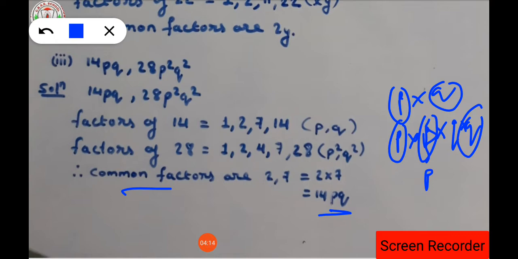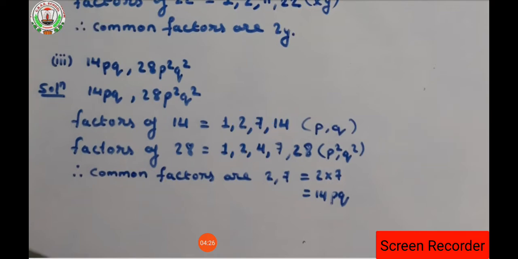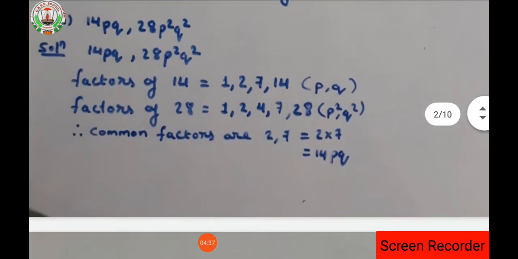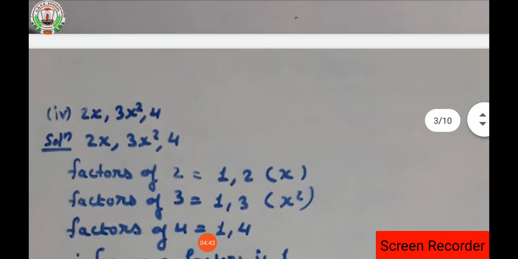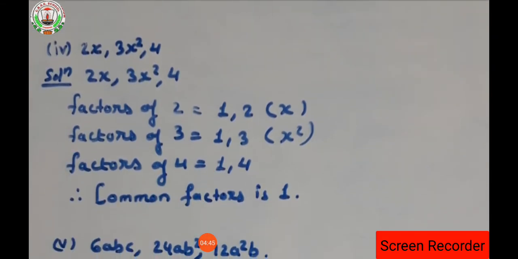Now what about the numbers? 2 is common for both, and 7 is common for both. So the common factor for 14pq and 28p square q square is 2 into 7 into pq. Clear everyone? You can multiply the common factors, then it becomes 14. If you do not multiply, it remains 2, 7. So 2 into 7 is 14, that is 14 into pq.